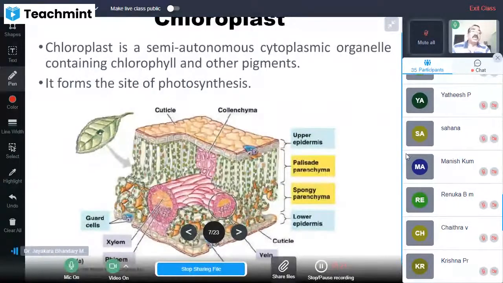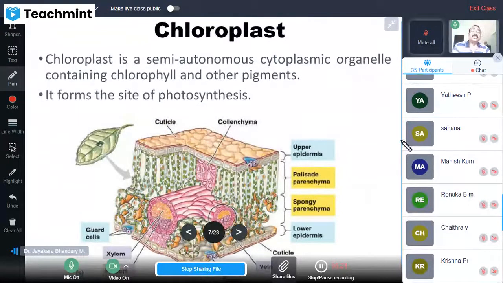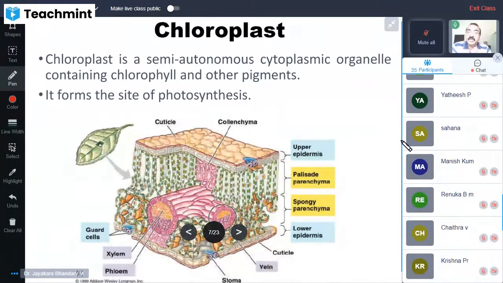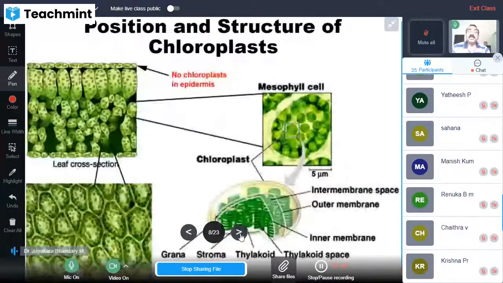Now, coming to the important organelle which plays the most important role in photosynthesis, that is the chloroplast. So, chloroplast is a semi-autonomous cytoplasmic organelle which contains the essential pigments for photosynthesis, that is chlorophyll and other pigments like xanthophyll, carotene, etc. So, it forms the site of photosynthesis, and I have told you the important part of the leaf where photosynthesis takes place is mesophyll.